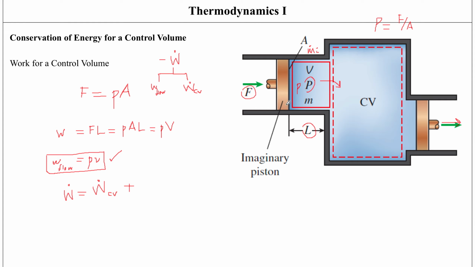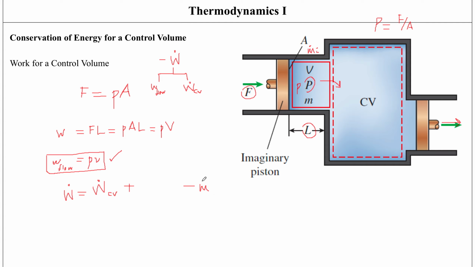The flow work is in terms of the mass that is exiting the system and the mass that is incoming into the system. The incoming mass is going to be represented by a negative sign. And why is that? Because energy is being transferred into the control volume, and by the sign convention of work, when energy is being transferred into the control volume, it's going to be negative.